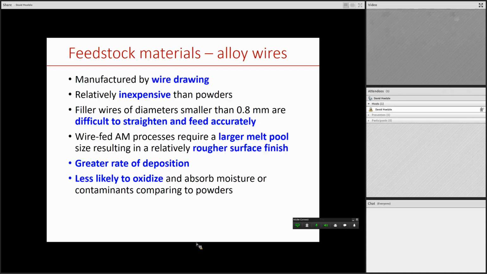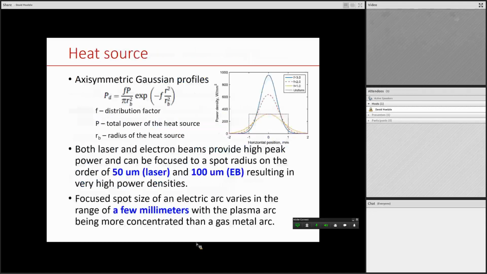But with alloy wires, there are some advantages like greater rate of deposition, and since it has much less surface area than powders, it's less likely to oxidize or absorb moisture or contaminants. These are the introduction of feedstock and process.